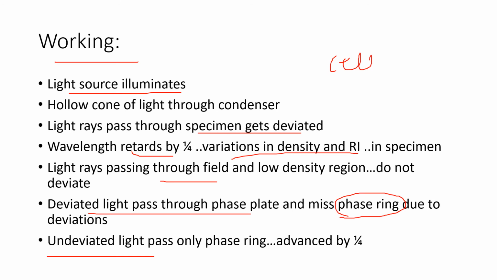And do you remember when I said that it is an optical disc? That means it has to do something with the optics of the light. So these undeviated light rays get advanced by 1/4. Now can you tell me, the wavelength gets retarded by 1/4, and there are also light rays that get advanced by 1/4.